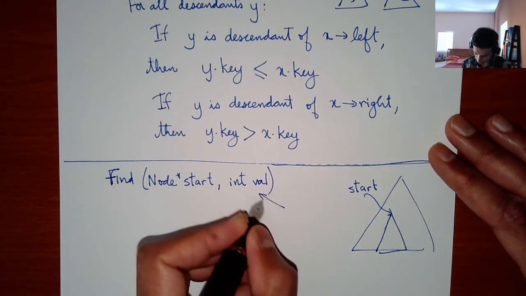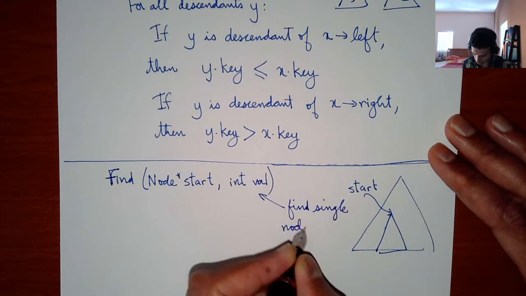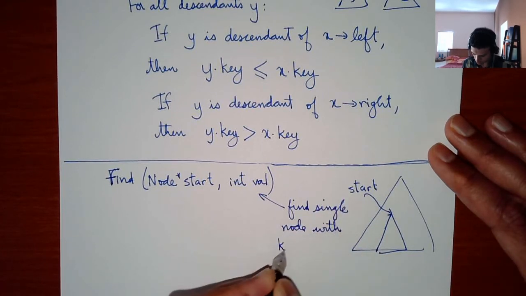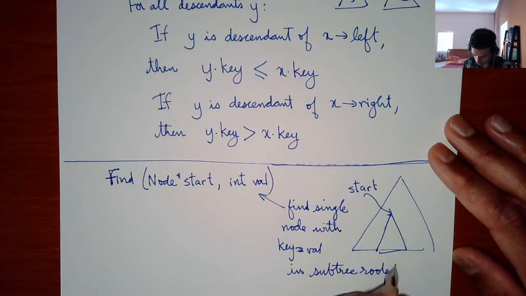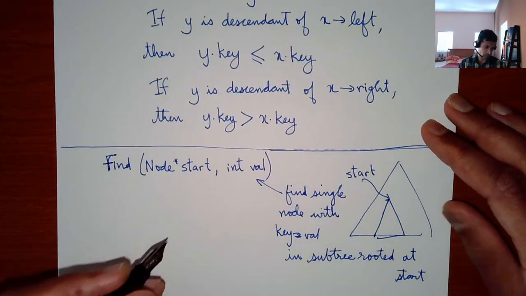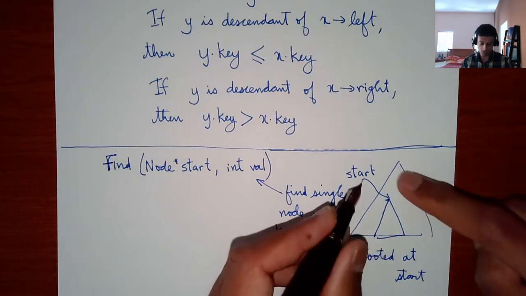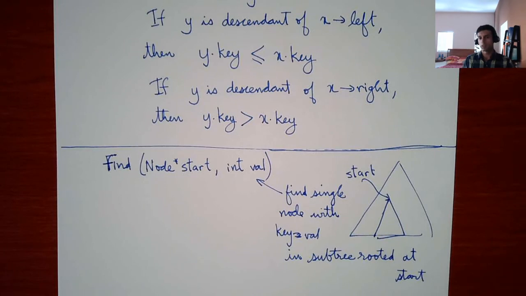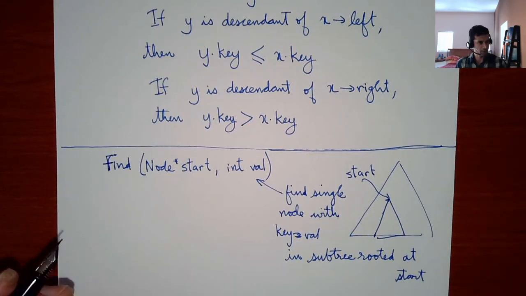So this is going to find a single node with key equal to val in the subtree rooted at start. That's what this function is going to do. It's not going to search through the whole tree. It's only going to search through the descendants of start. And then we'll do this recursively, and all you have to do is call this function at the root.